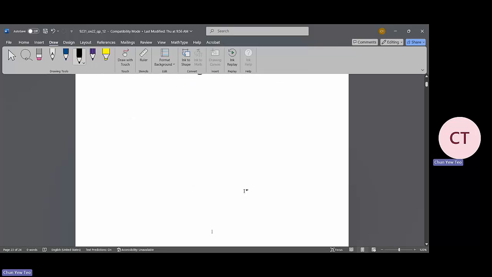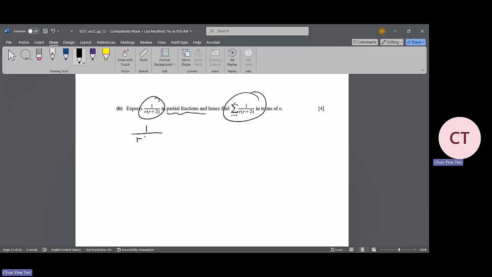Now we move on to the number 1B. Express in partial fractions for these expressions, and after that we want to find the sum. So first of all, we start from here. Since it has two factors, we will have a over r plus b over r plus 2. So that means 1 is equal to a(r plus 2) plus br.